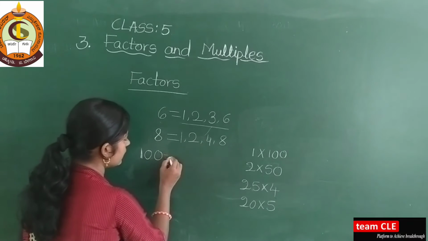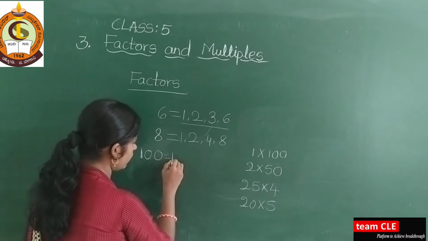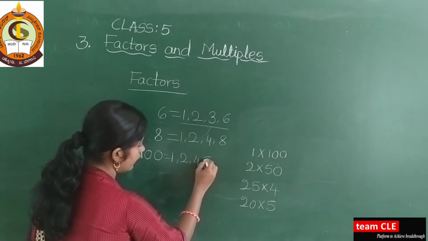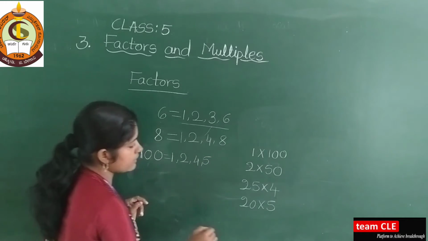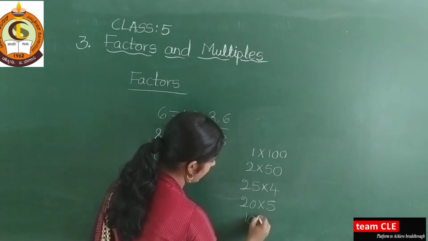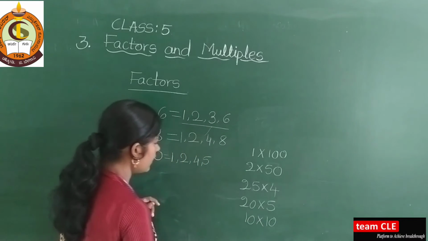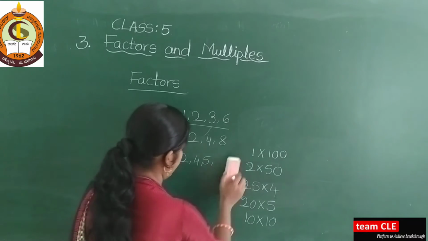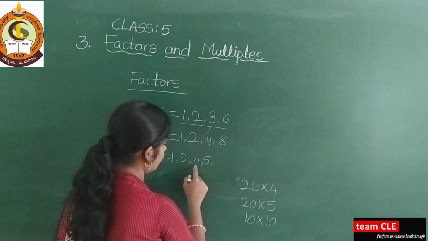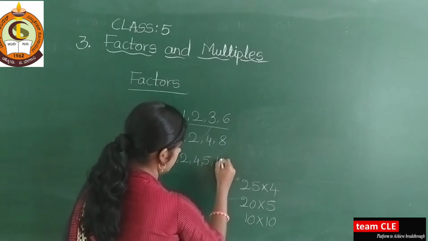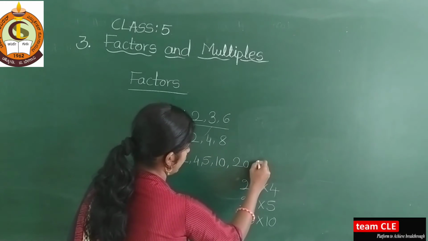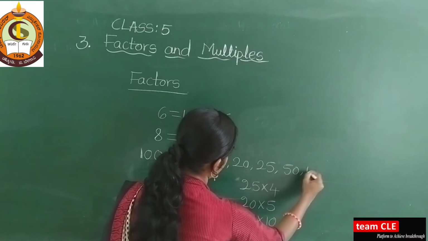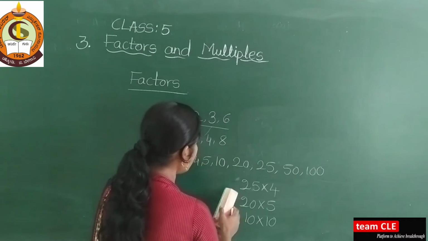Let us write this in ascending order: 1, 2, 4, 5. Again it is there in the table of 10: 10 tens are 100. So write 1, 2, 4, 5, 10, next 20, next 25, 50, and again it is there in 100 ones are 100.